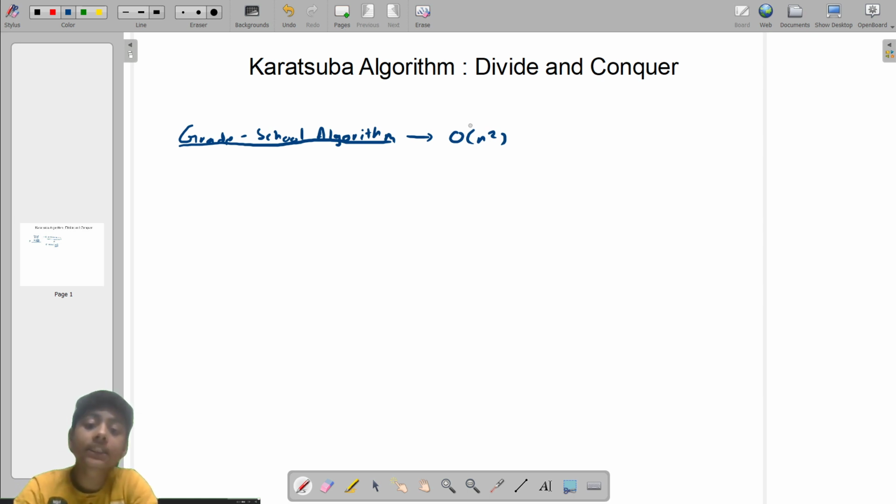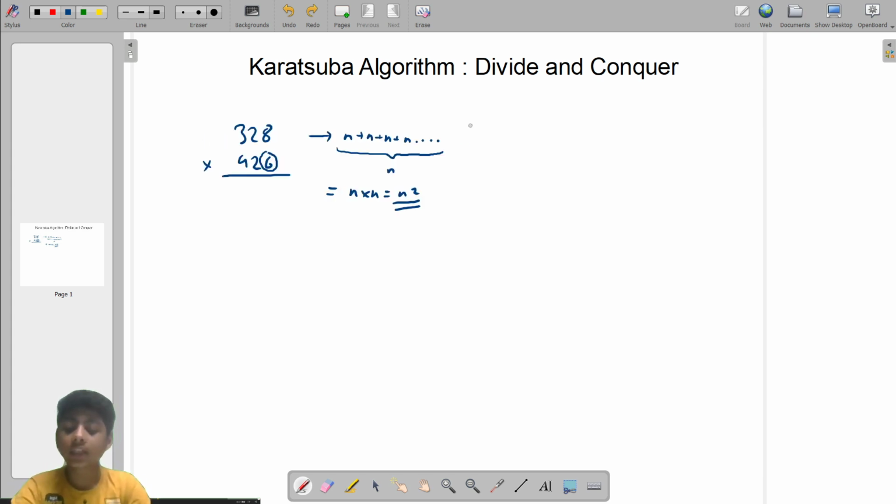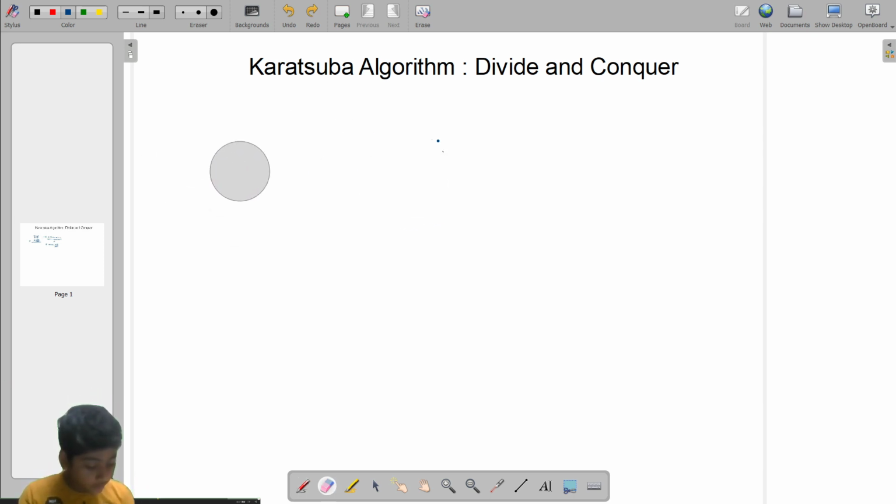So suppose I say it to be a constant time, so it's a constant c multiplied by n squared. So we say its time complexity to be O of n squared. We know that the regular algorithm took n squared time steps.